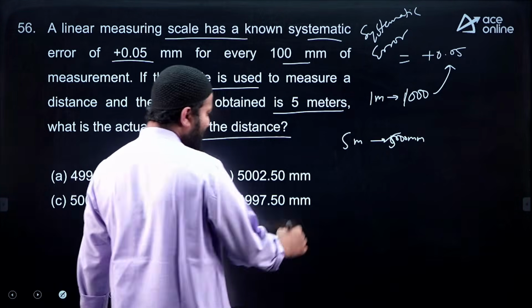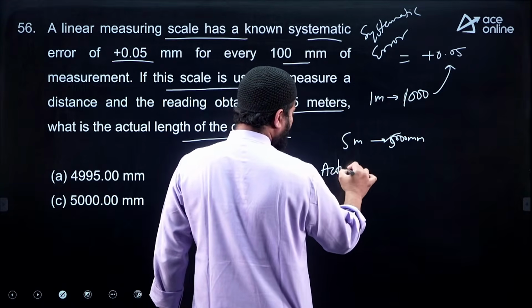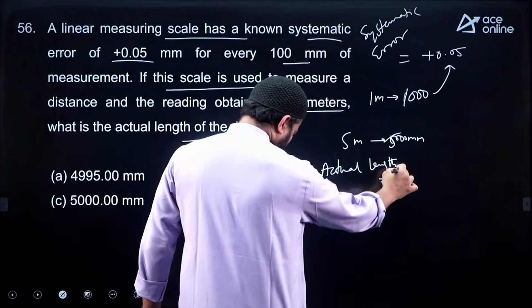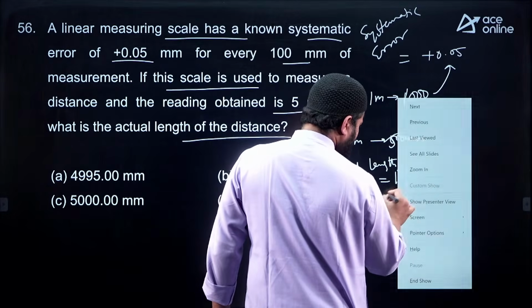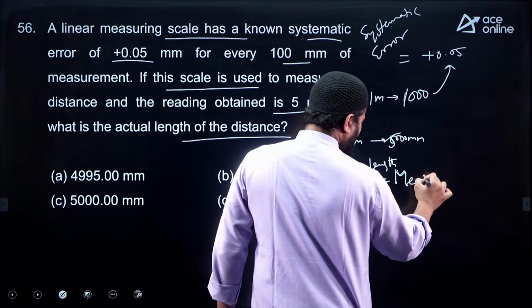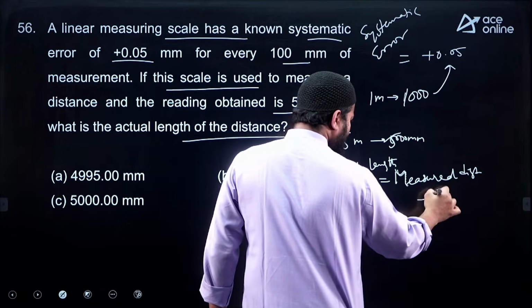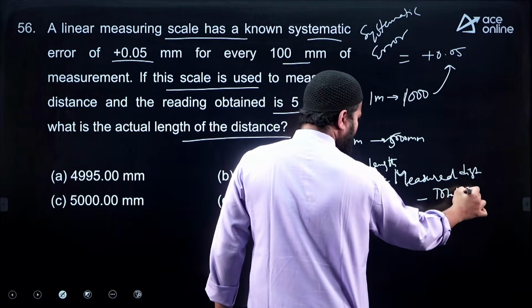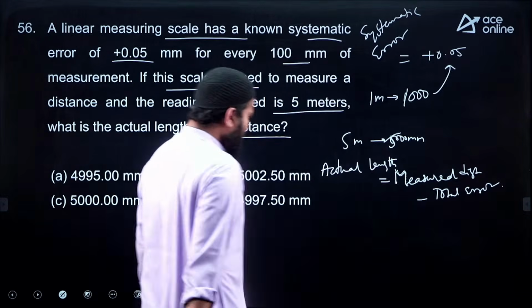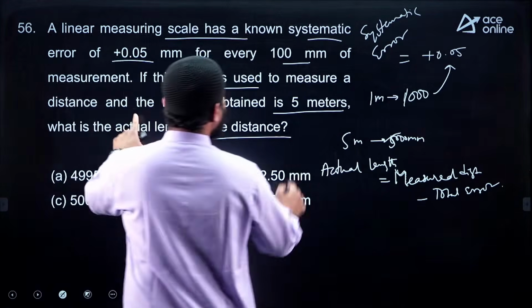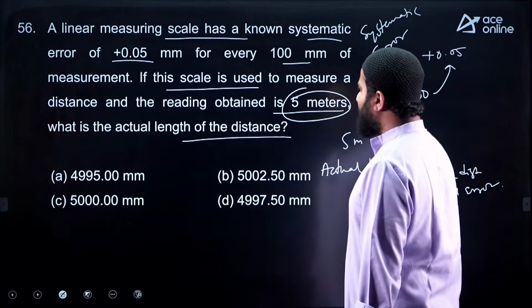So, for that, the actual length will be equal to the measured distance minus the total error, right. Whereas in this, if you look at the given data, 5 meter is the total distance given.